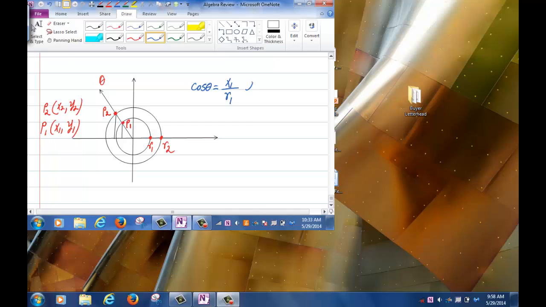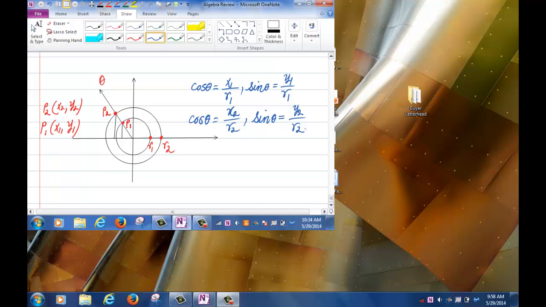And sine theta would be? y1 over R1, right? For the outer circle, cosine theta would be x2 over r2 and sine theta would be y2 over r2. Now, why are these the same?